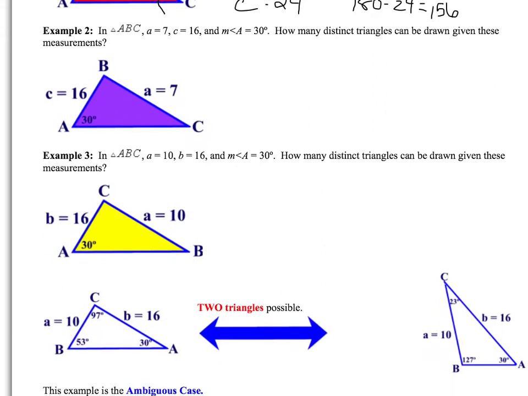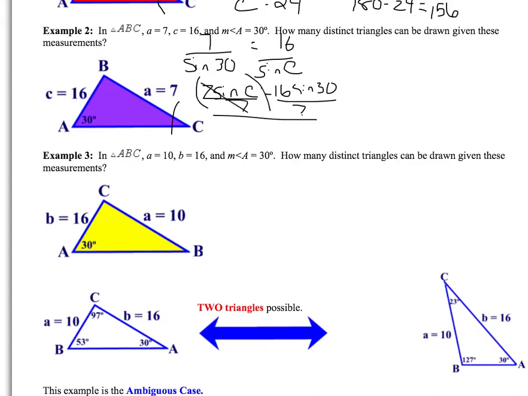We have that triangle. The missing angle that I can find is angle C using law of sines. So it's going to be 7 over sine 30 is equal to 16 over sine C. Cross multiply. Divide by 7.